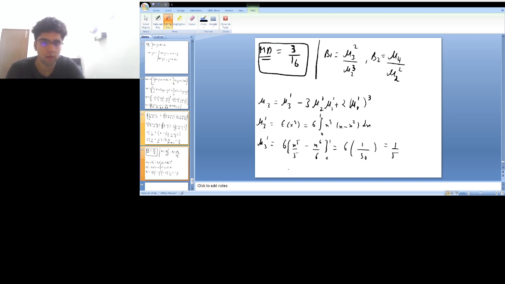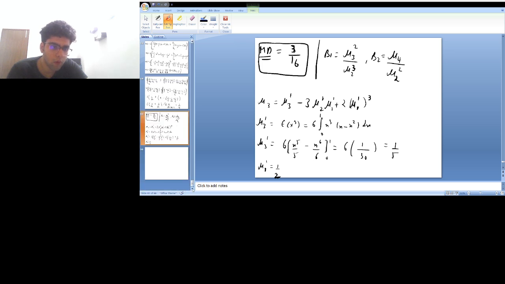Not that lengthy. And I already have the value of mu dash 1 equal to half, that is the mean. I need to find mu 2.